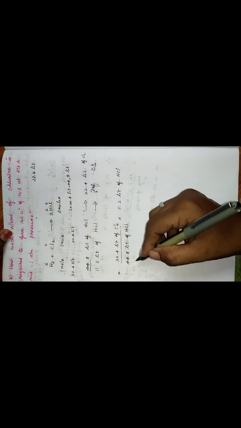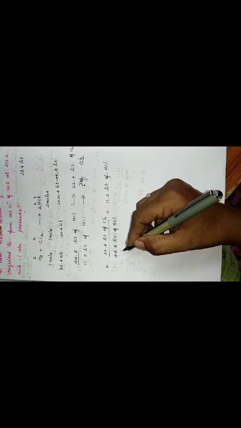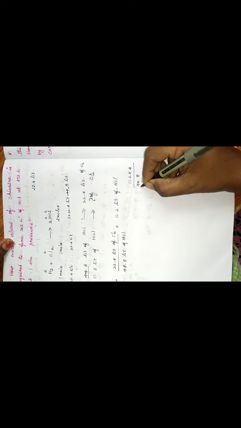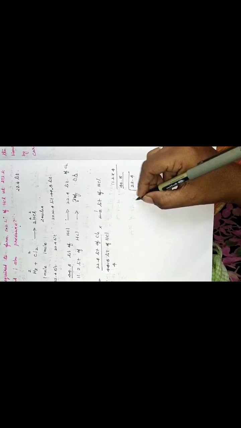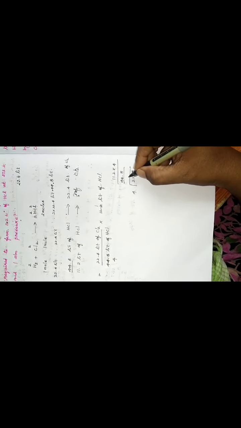Okay, now we have to simplify it. 11.2 into 4 times, so this is 1 time, this is 4 times. Now 22.4 divided by 4. 5 4s are 20. Remaining 2.